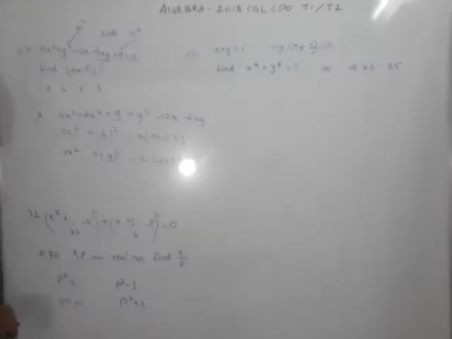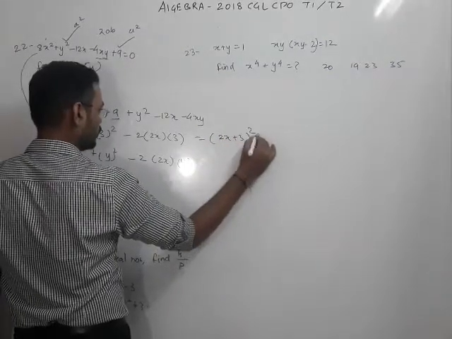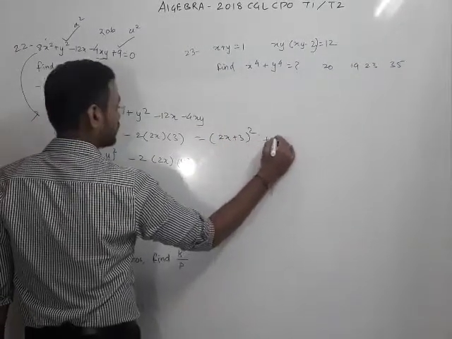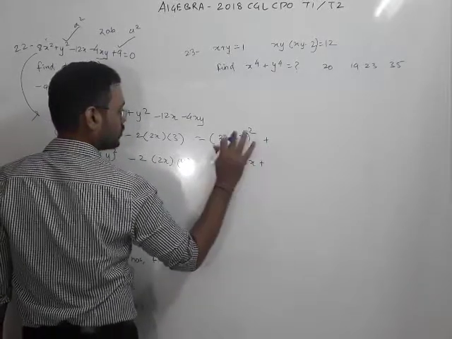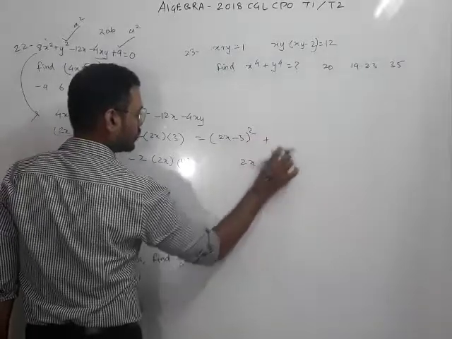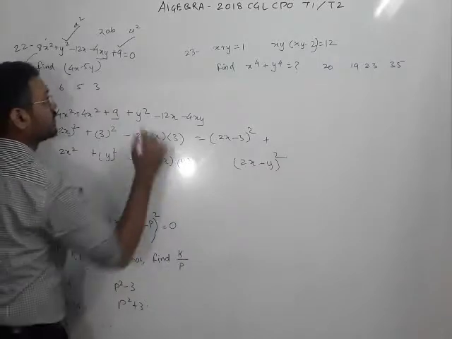In short, it is given in this form: 2x plus 3 the whole square plus 2x minus 3 the whole square, and 2x minus y the whole square is given as 0.